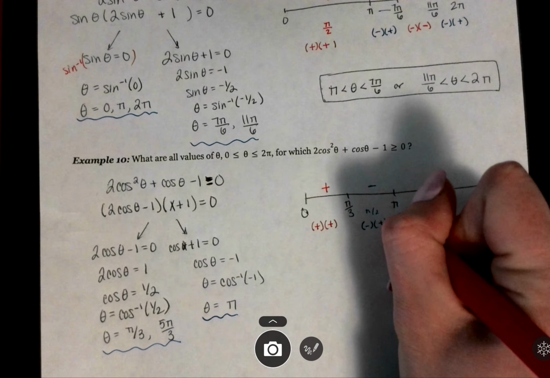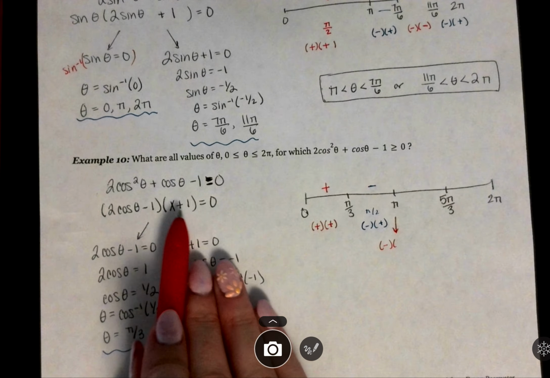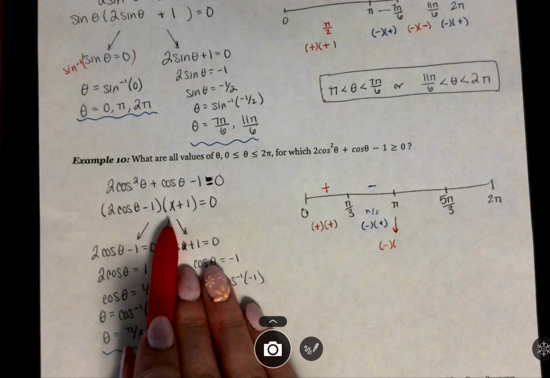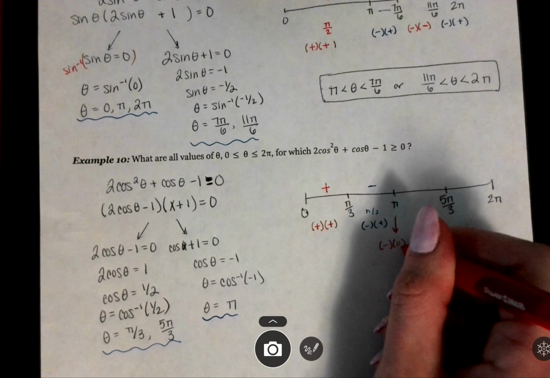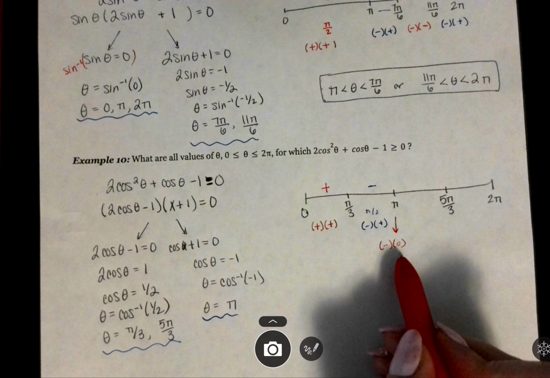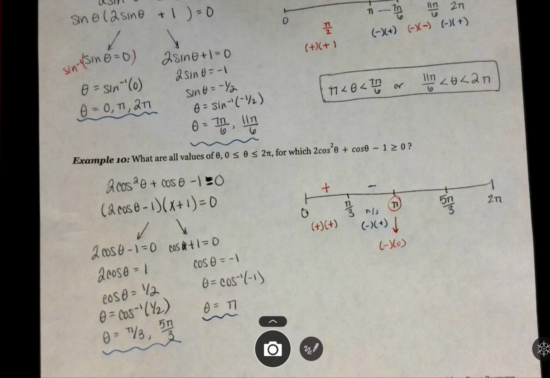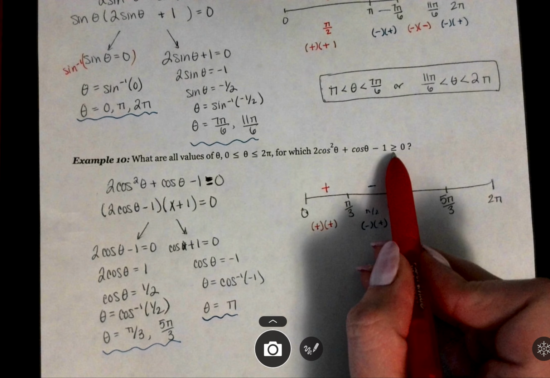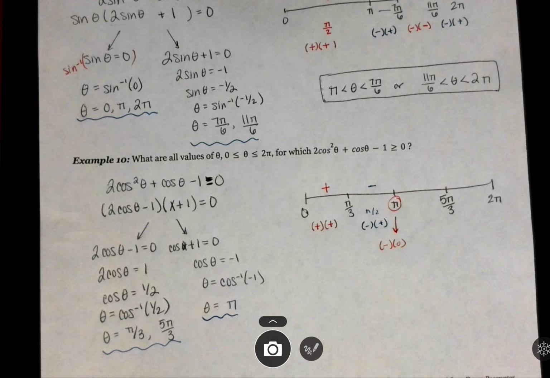I don't have much room, so let me go do this way. So that's negative. For my second parenthesis, cosine of pi is -1 plus 1 is 0. Well, negative times 0 is equal to 0. So I actually want to include that value as well because the question asks for anything greater than or equal to 0.